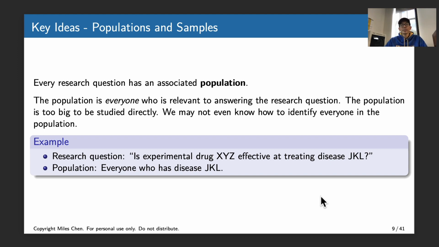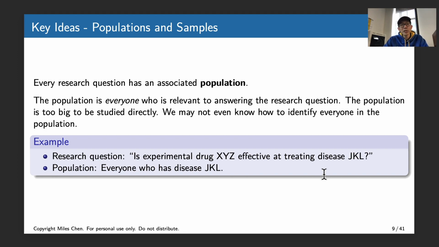But the problem is that populations are always too big for us to study directly. There's just too many people. You can't study every single one. Or the other problem is that maybe you can't even track down every single person in that population. There's just no way to get them.